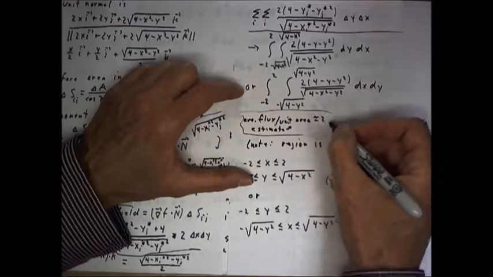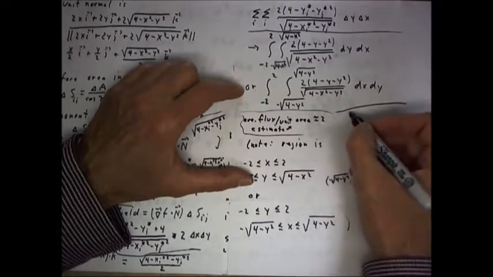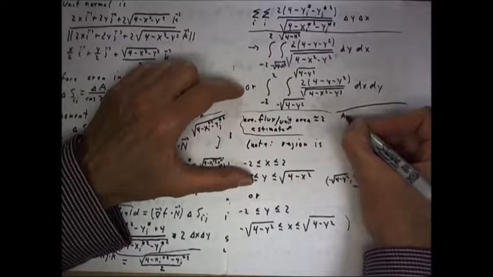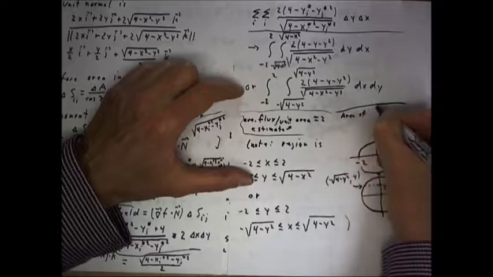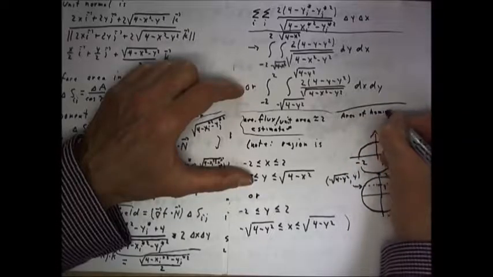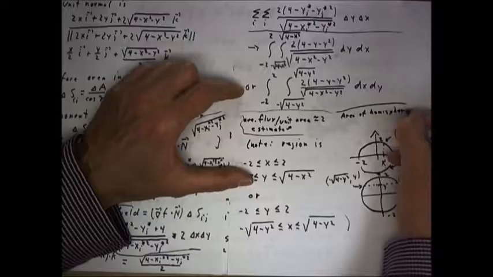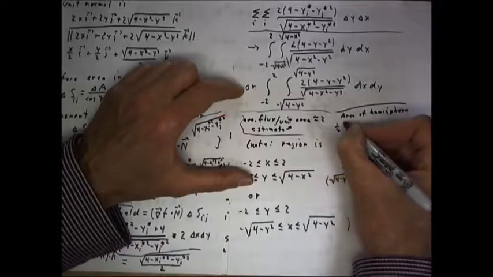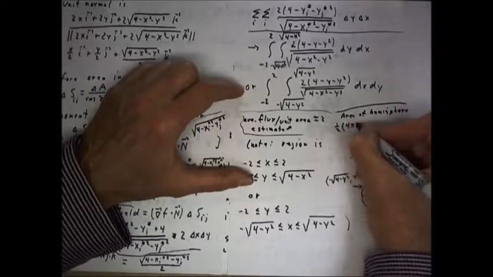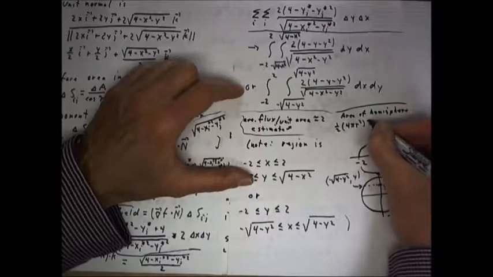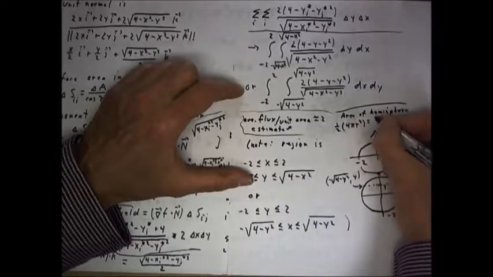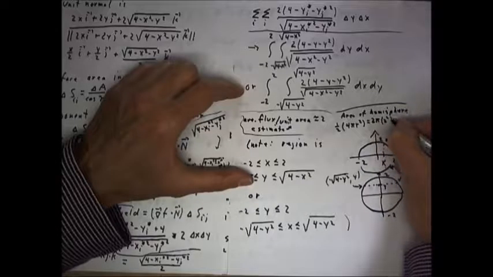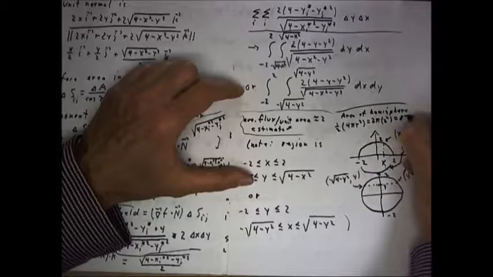Now that's an estimate. Now what's the area of the hemisphere? It's 1/2 the area of the whole sphere. The area of a whole sphere is 4 pi r squared. R is 2, so that's going to be 4 pi times 2 squared over 2, which is 8 pi.